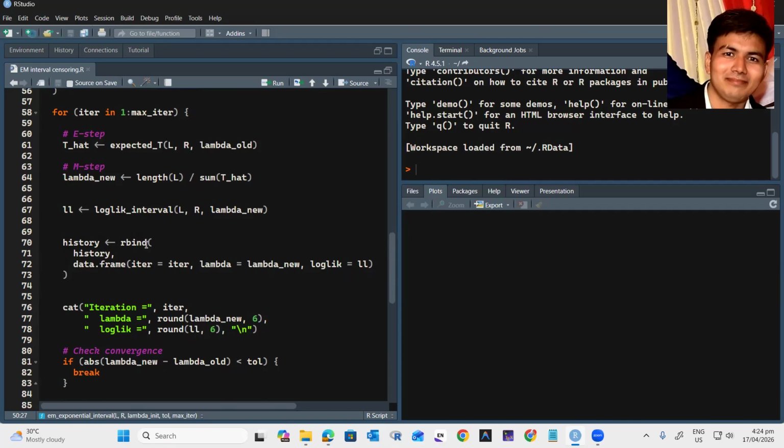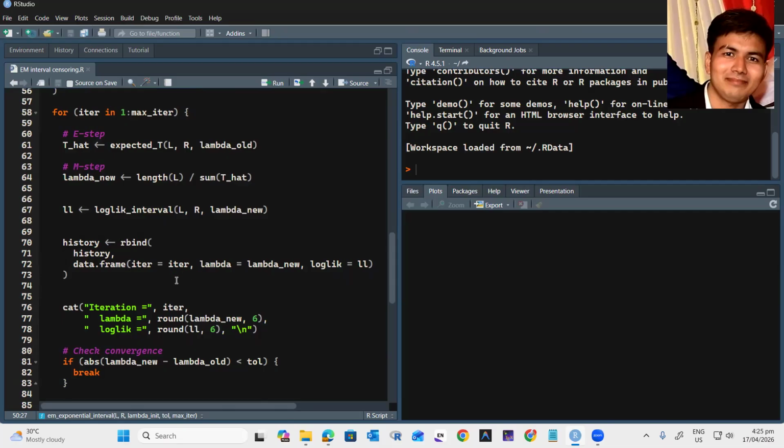So history equals rbind, with the history data frame and our defined variables. Here rbind combines two data frames by row, and data.frame creates a new one-row data frame with the current iteration values. This appends the new row to the bottom of the history.